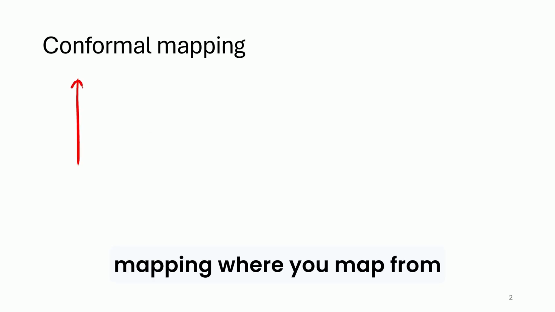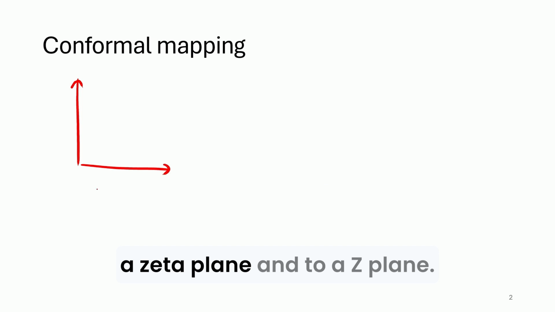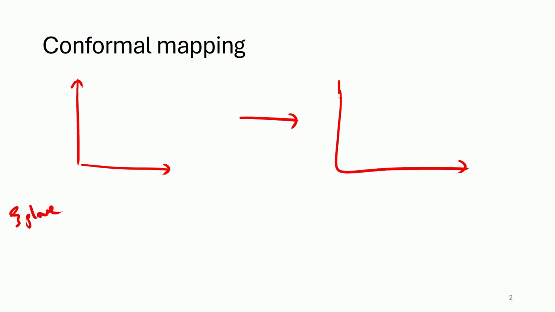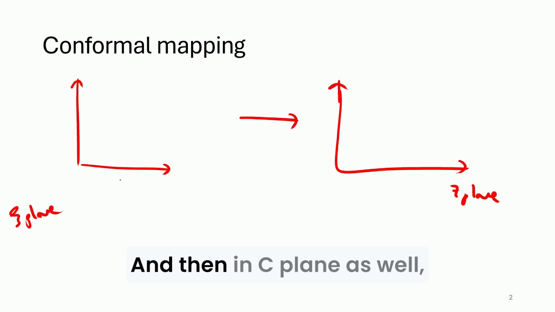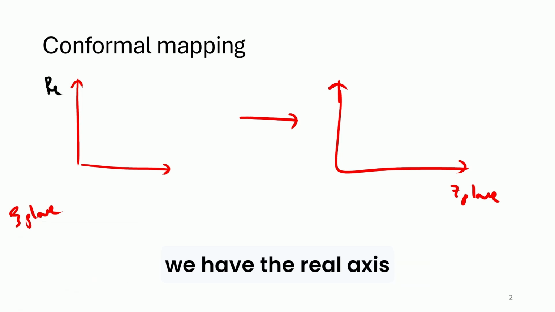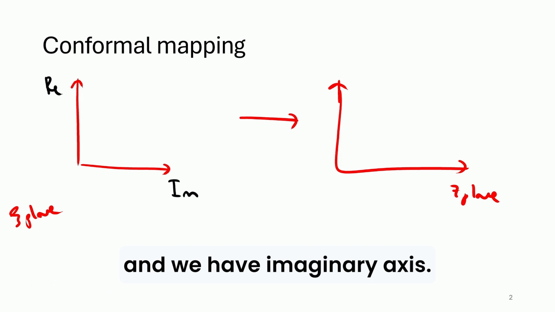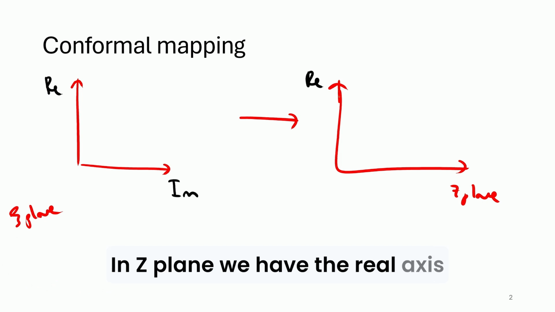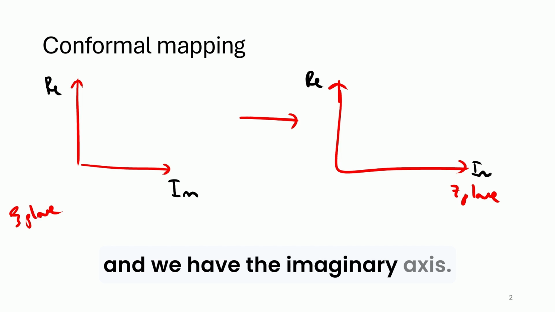So as you know, the conformal mapping, where you map from a zeta plane to a z-plane. And then in the z-plane as well, we have the real axis and we have the imaginary axis.